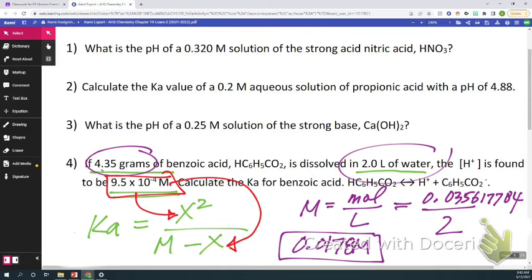If you're given the X and you're asked for Ka, do not ignore that minus X in the denominator because you have X. So plug it in at the top and bottom and use this as molarity because we solved for it: grams to moles and then divide it by liters. Now you have all the numbers and you solve for Ka. Okay, so that's how you do that one.